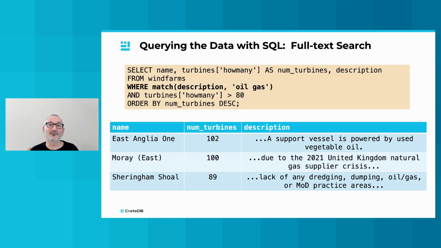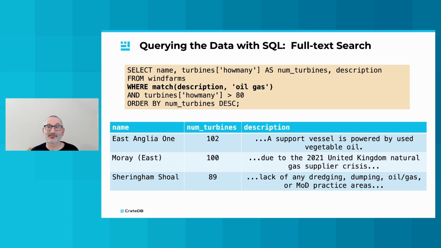In order to perform these searches, we use the match predicate or match function. And again, it's inside a standard SQL query, so we don't have to go learn some other dialect for this. We're combining this with other SQL clauses too.